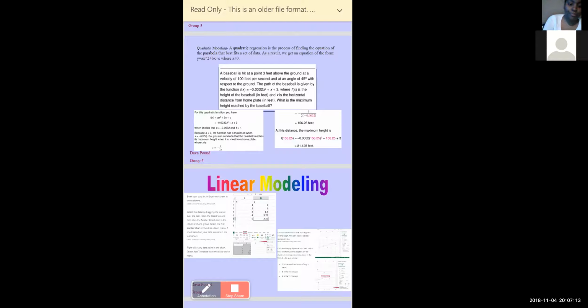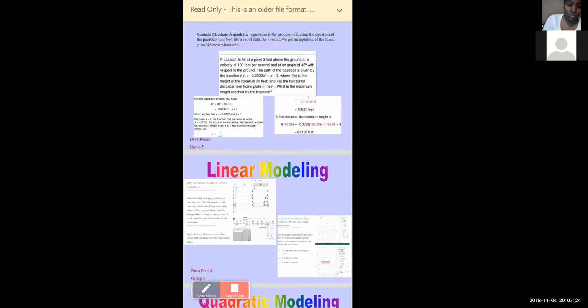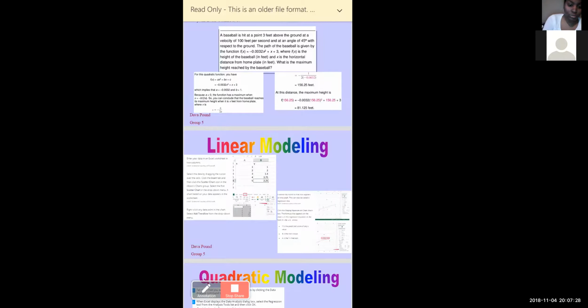And the path is given by the function f of x equals negative 0.0032x squared plus x plus 3, where f of x is the height of the baseball in feet and x is the horizontal distance from home plate in feet. What is the maximum height reached by the baseball?